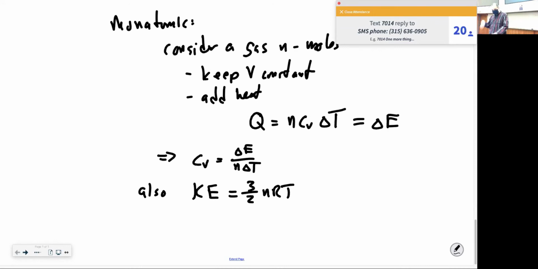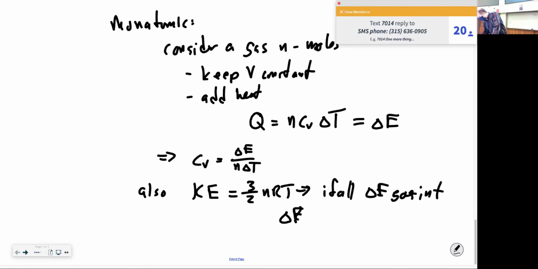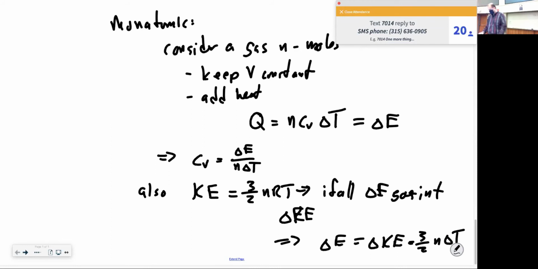If all of that delta E goes into changing the kinetic energy, then delta E must be the same as delta kinetic energy, which must be 3/2 nR times delta T.